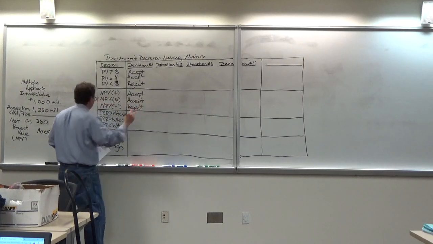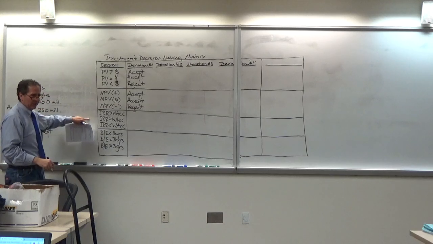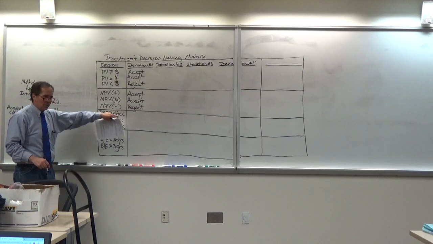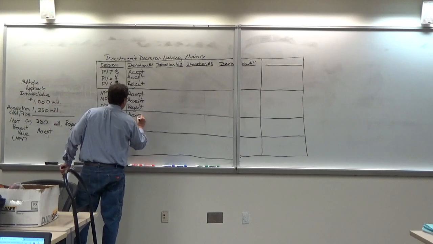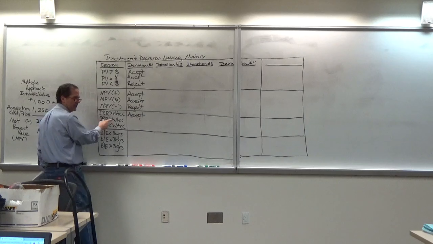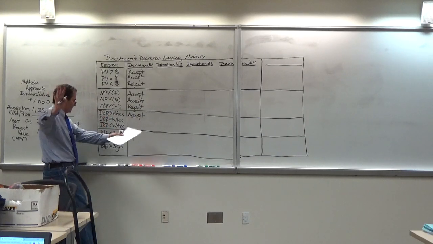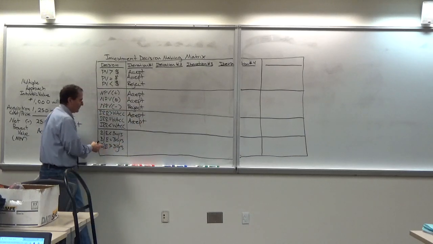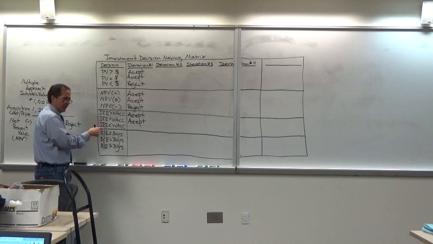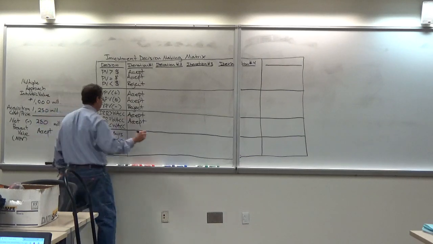When your internal rate of return is higher than your weighted average cost of capital, do you accept or reject? Accept. When the internal rate of return is equal to the weighted average cost of capital, do you accept or reject? Accept. When the internal rate of return is less than the weighted average cost of capital, do you accept or reject? Reject.